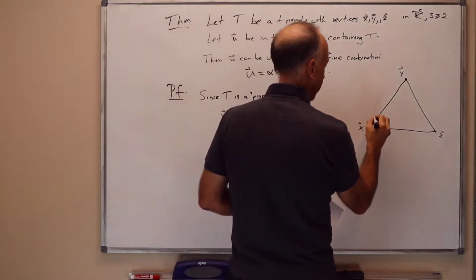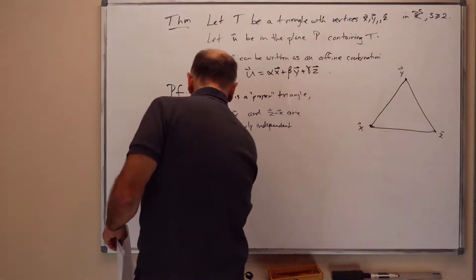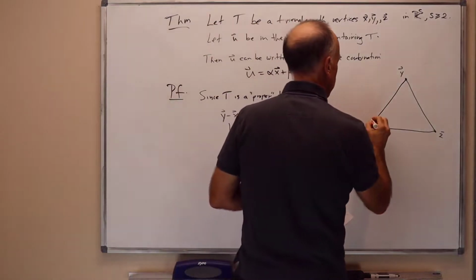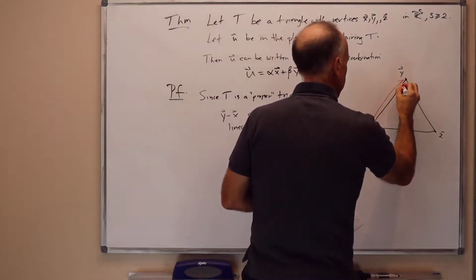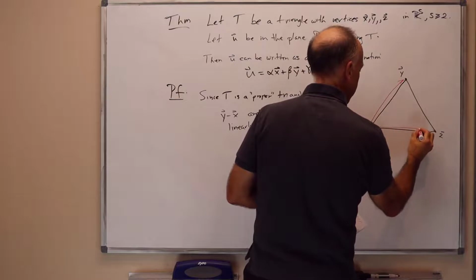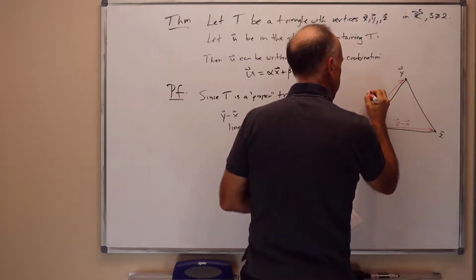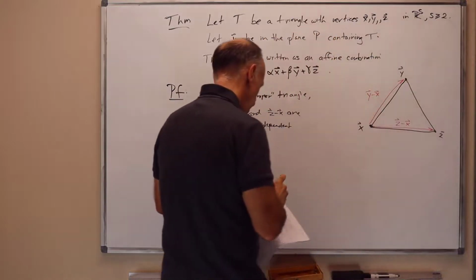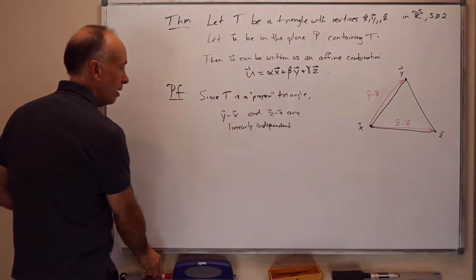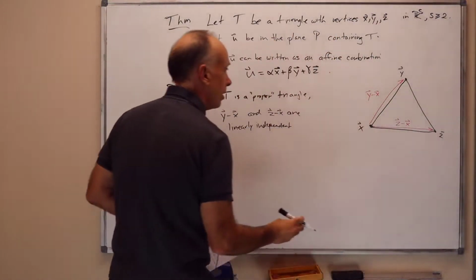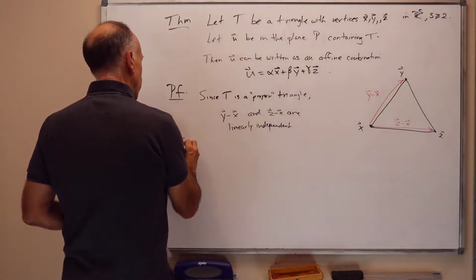So here's y minus x. Here's z minus x. Are those vectors drawn in red there? And they're linearly independent.